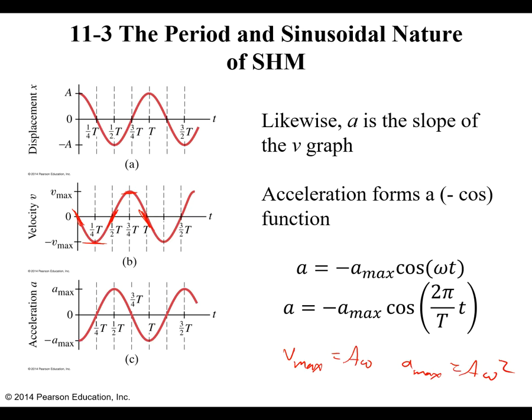And that's an easy one to show. If you have questions on that, just email me. I'm happy to show it. I believe the author does show it as well. So your final equation becomes this, and I just noticed this should not be little a. This should be capital A, your amplitude. So it would be acceleration is equal to negative amplitude times angular frequency squared times cosine of omega t.